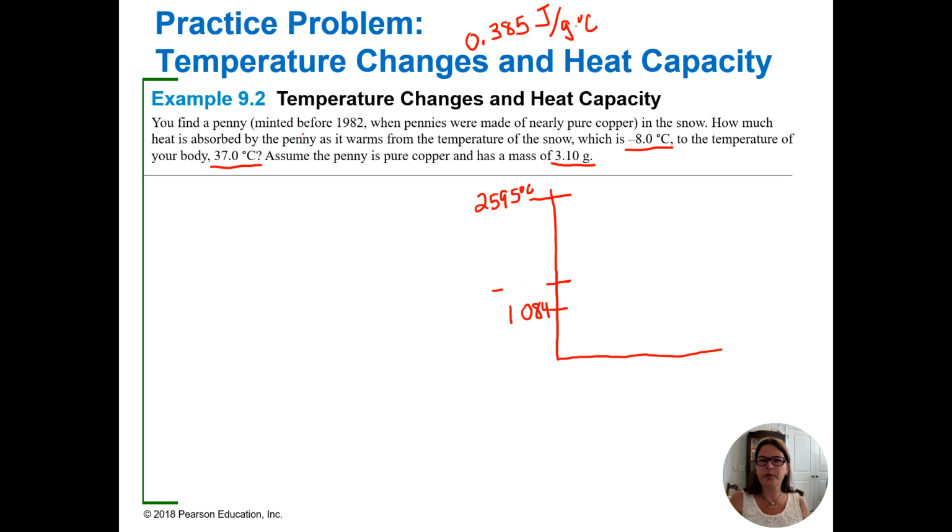minus, oops, I need my eraser now. I need to just move these around a little bit.